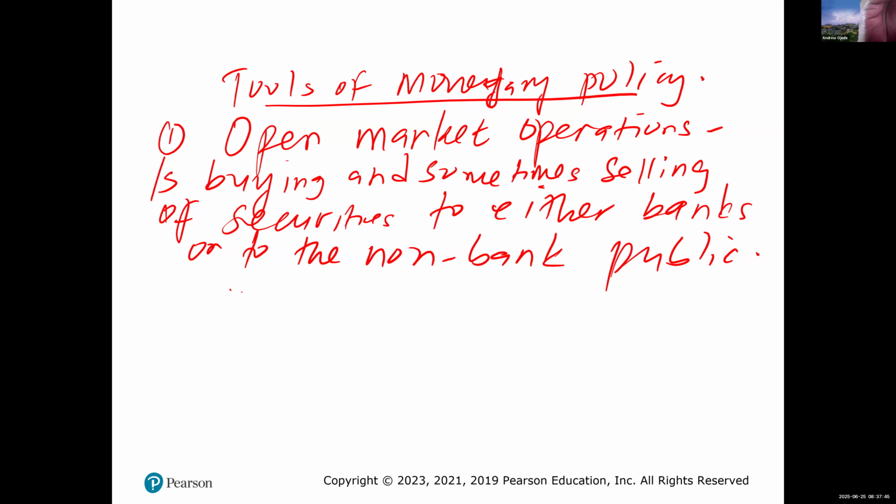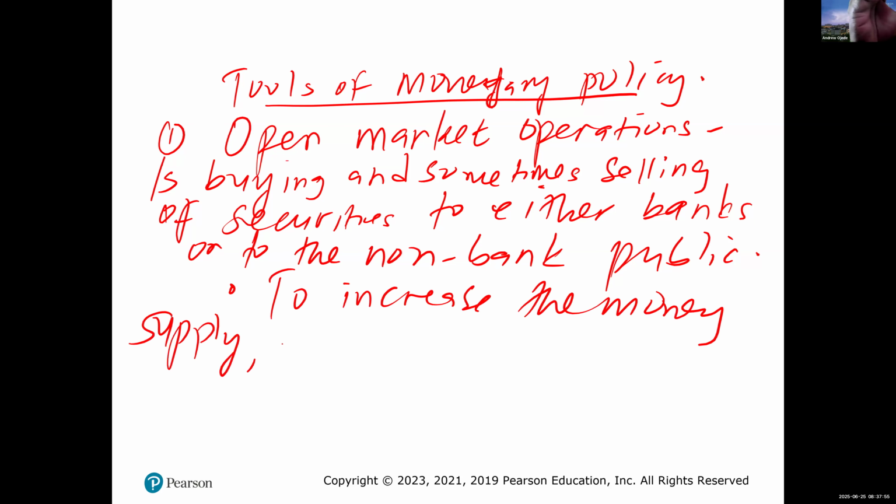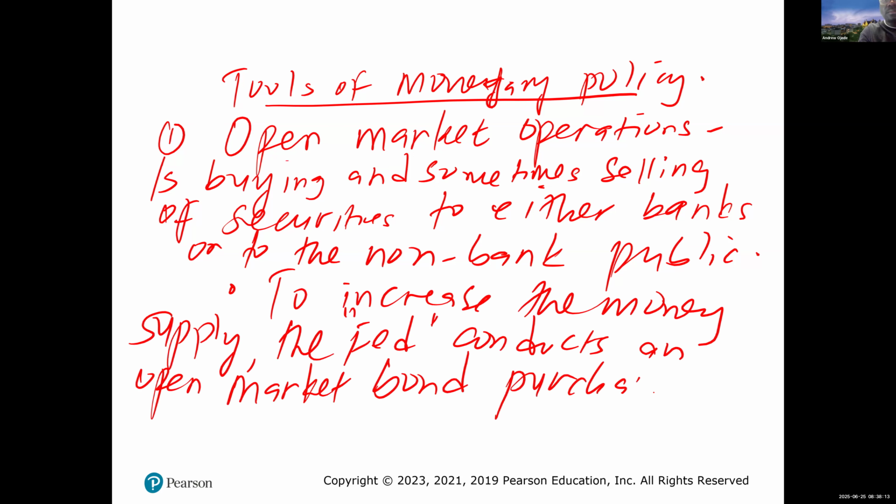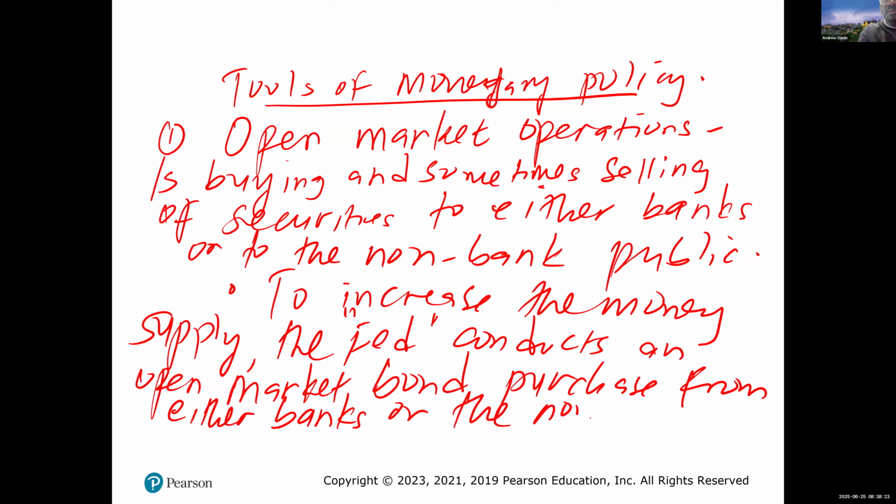So to increase the money supply, the Fed, which is an acronym for Federal Reserve, conducts an open market bond purchase from either banks or the public, the non-bank public. Okay? And vice versa.